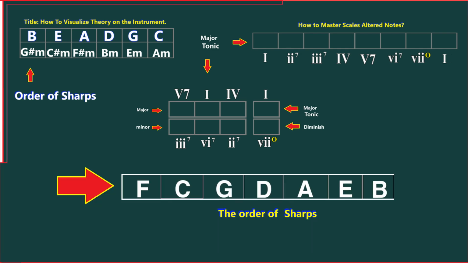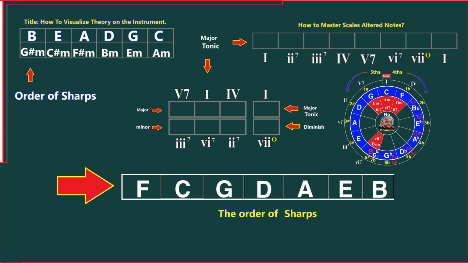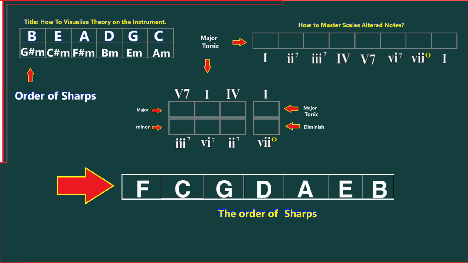You might have learned the order of sharps using the circle of fifths: F, C, G, D, A, E, B. But if you look at the order of tones that naturally carry sharps in major scales, B, E, A, D, G, C, you'll notice they follow a perfect fourth relationship.